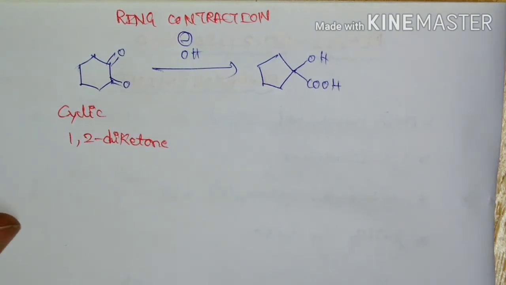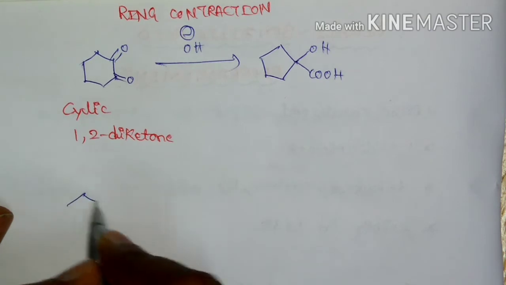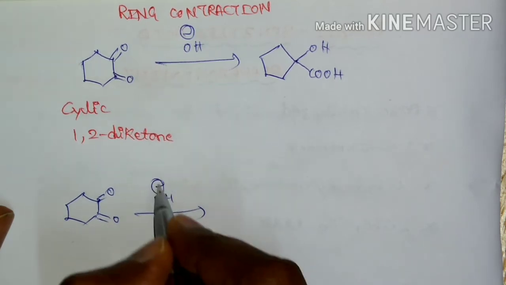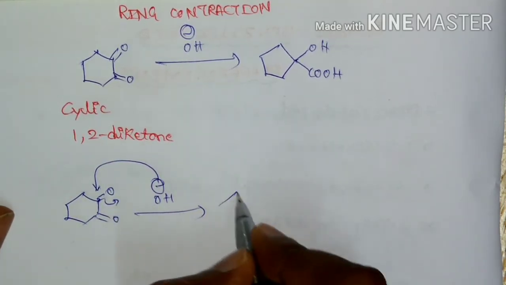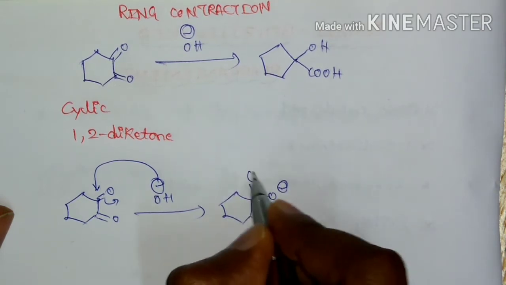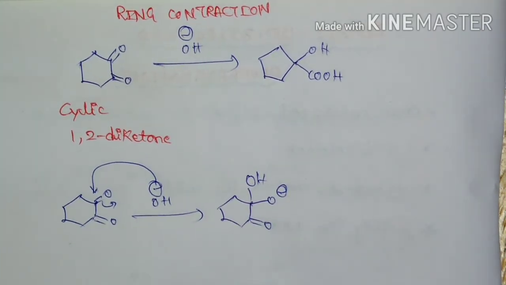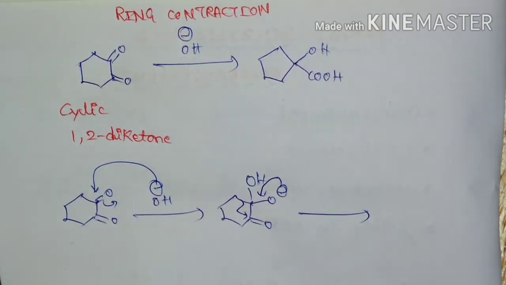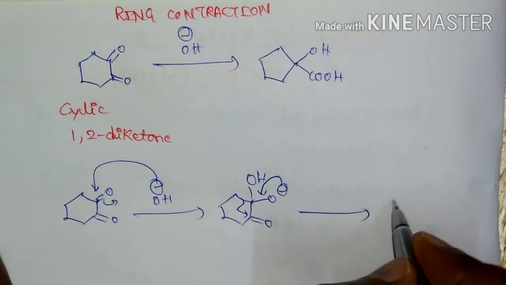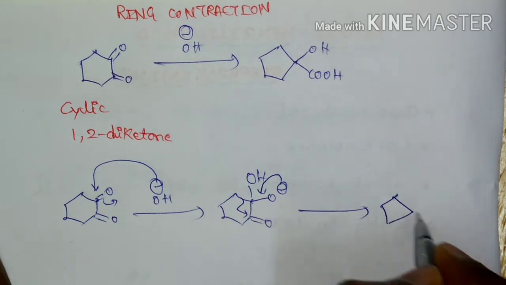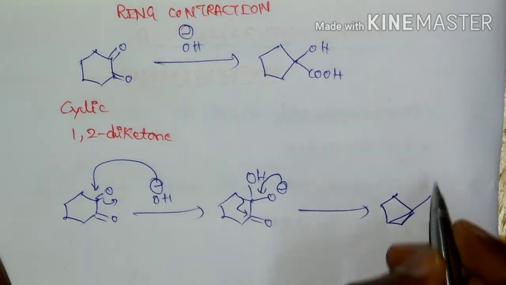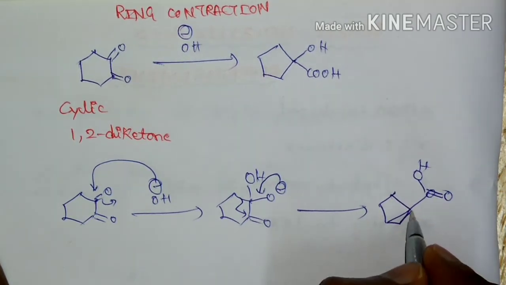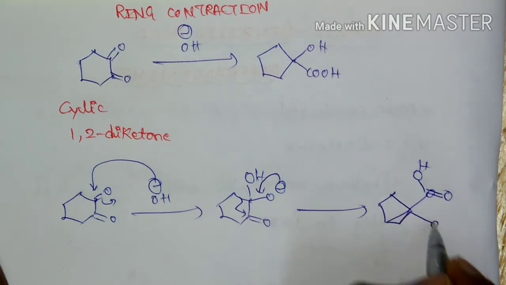Okay. The mechanism will remain the same. If I take this 6-membered diketone and add hydroxide ion, there will be addition of hydroxide ion, giving O minus, OH, double bond O. Then this will undergo a 1,2 shift and lead to the formation of O minus.